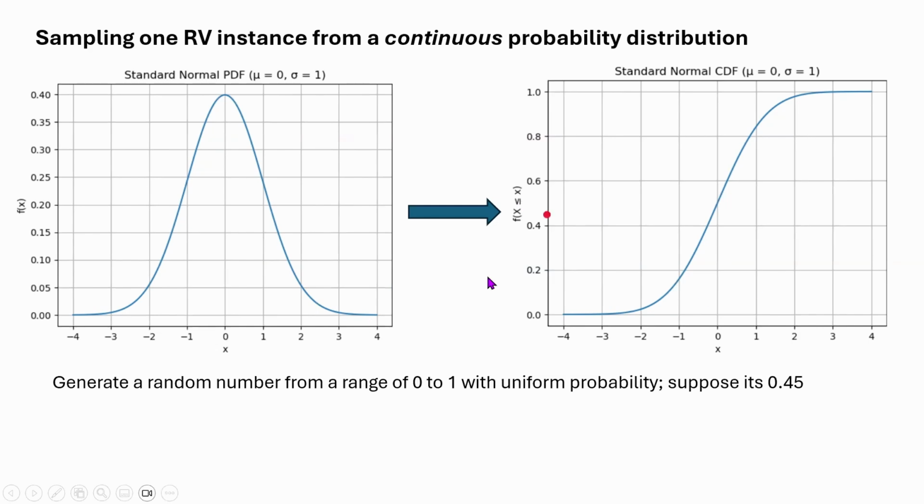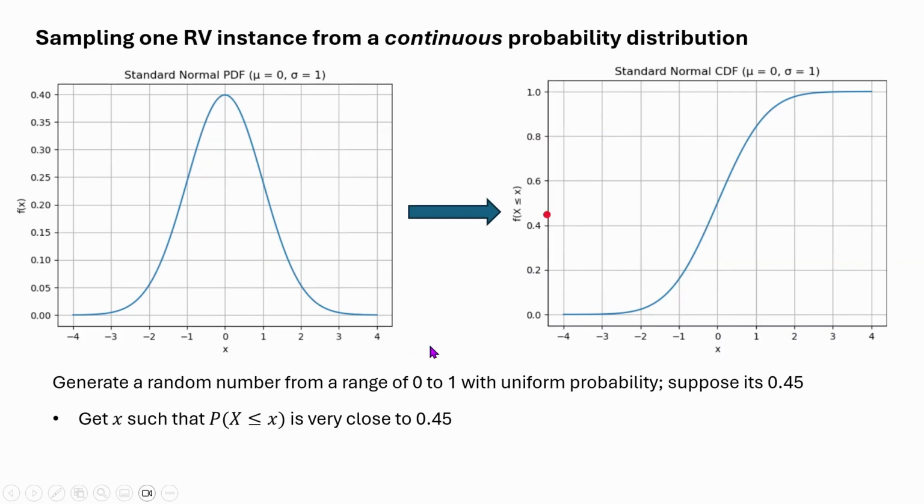Now let's again start by generating a random number, and that random number is maybe 0.45 right here. This time the issue is we cannot really get away so easily as in the discrete case. The obvious thing is we have to get an x, a random variable x, such that the CDF for that x is very close to 0.45.